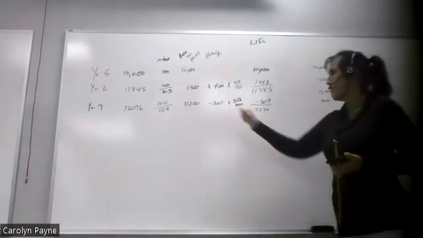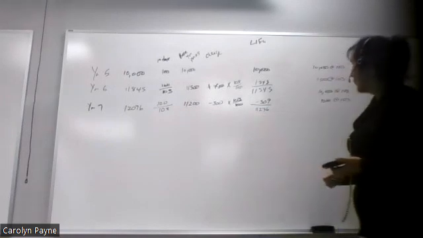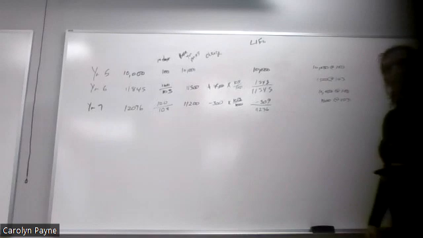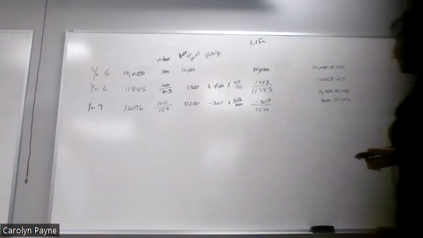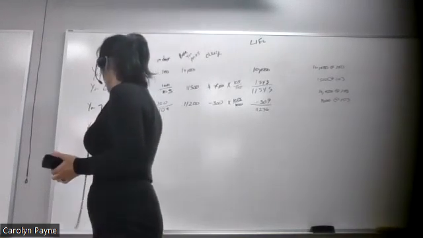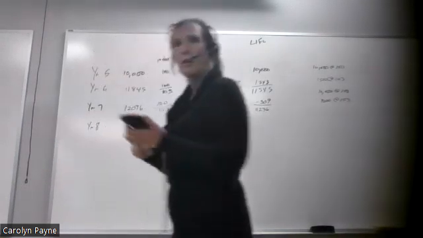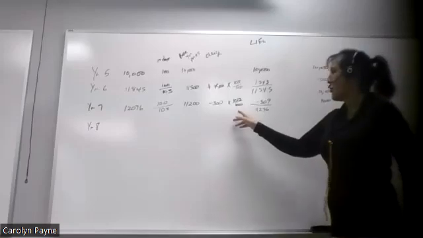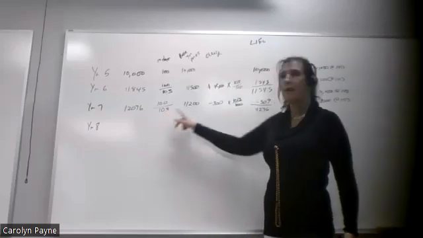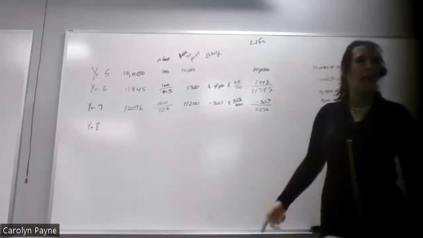I subtracted it from the previous inventory. Well, it's actually a multiplication. It's just that over here you're dividing because it's the denominator, and here you're multiplying.